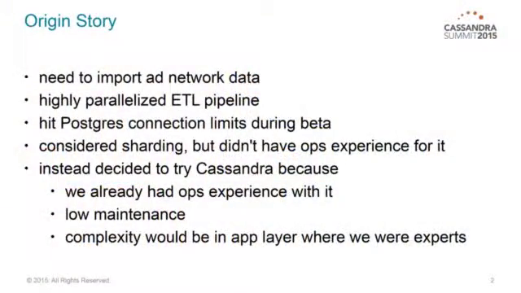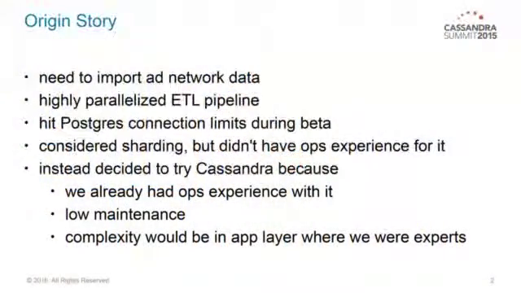As I said, we have a highly parallelized ETL pipeline. That was an architectural choice we made early on because it worked very well for the performance data. However, as we started to scale, and this happened really when we were still in alpha with very few customers, we were already hitting connection limits with the Postgres instance we were trying to store this data into.